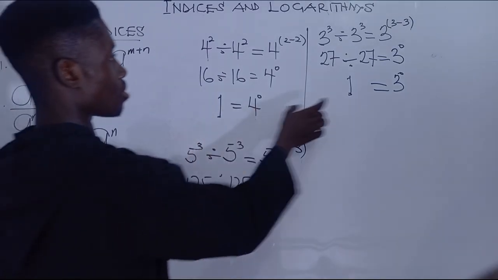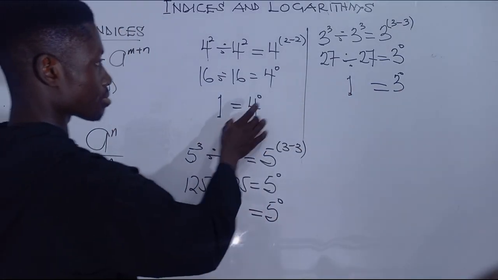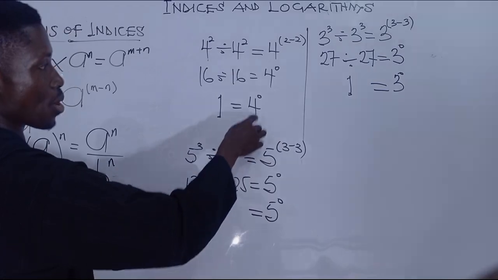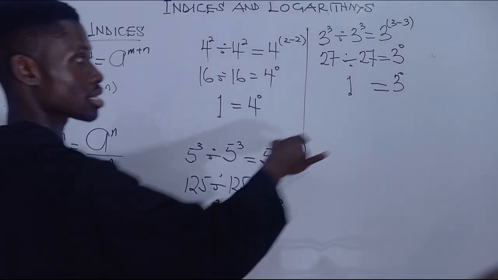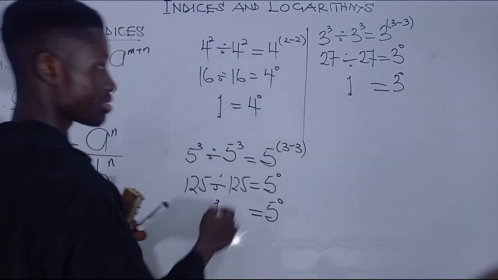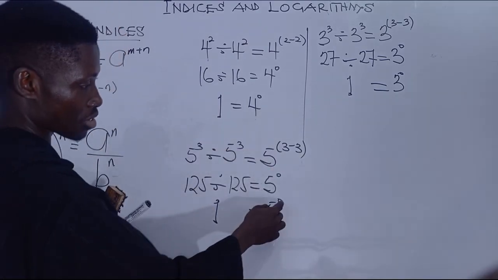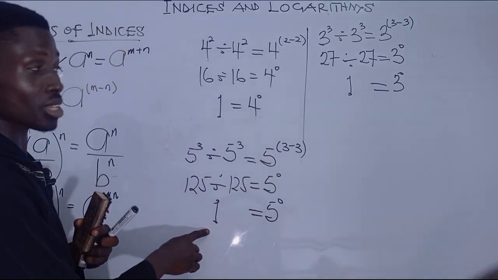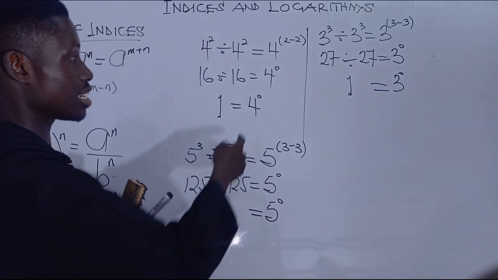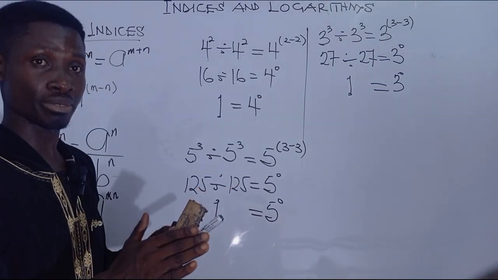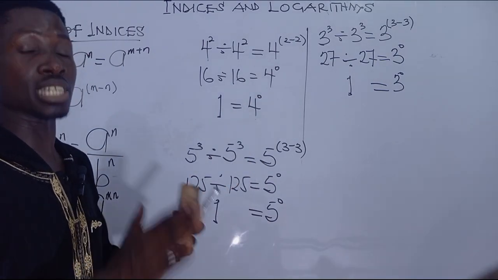Now what can you observe from these 3 examples? You can observe that 4 raised to the power 0 is 1. 3 raised to the power 0 gives us 1. 5 raised to the power 0 is also 1. So we can therefore say that any number raised to the power 0 is 1, with the exception of 0.